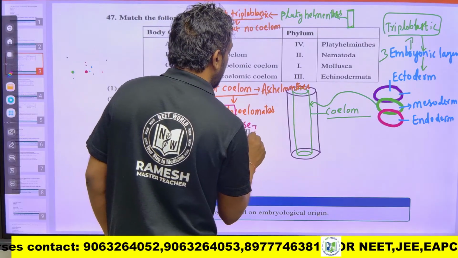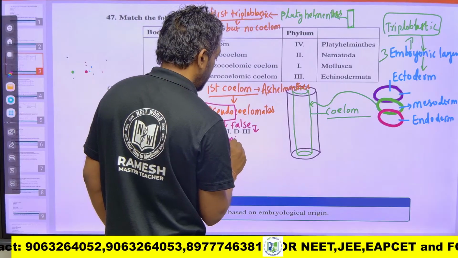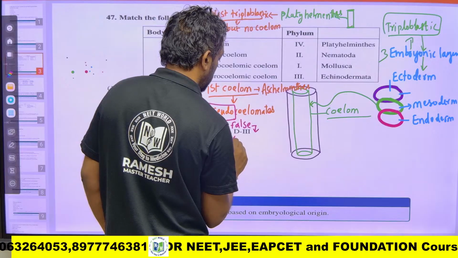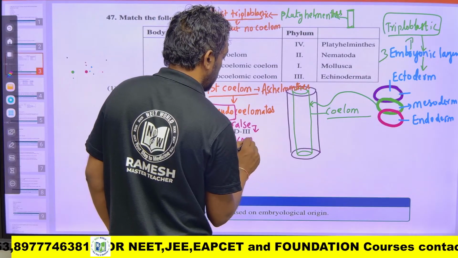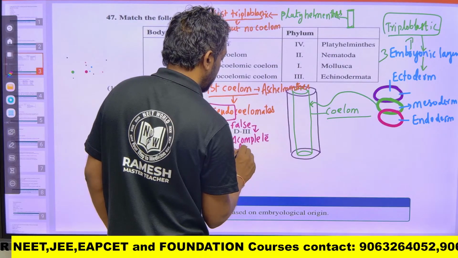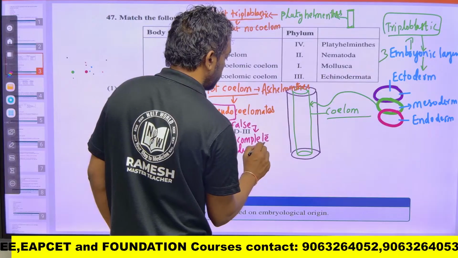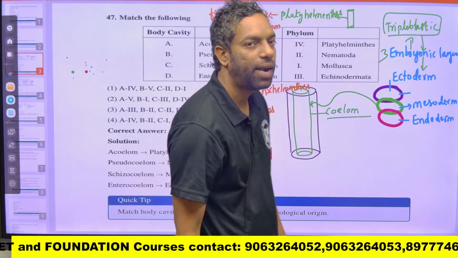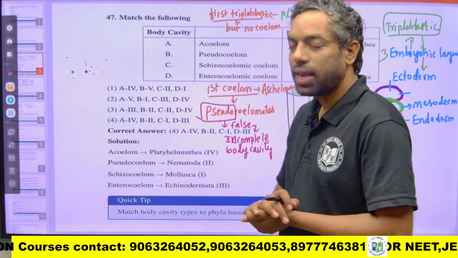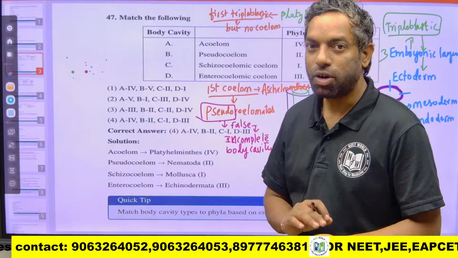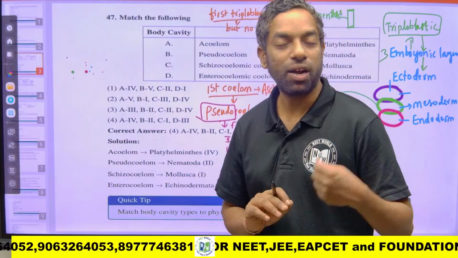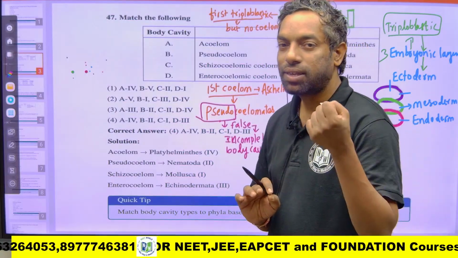False means incomplete cavity. Body cavity, incomplete body cavity. Incomplete body cavity takes place in Aschelminthes, meaning nematodes, roundworms. We can call them nematodes, roundworms, Aschelminthes.